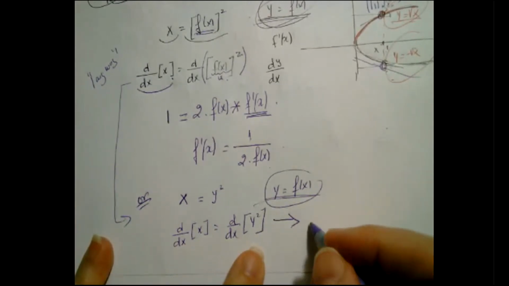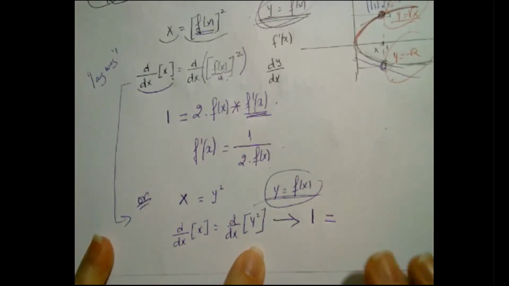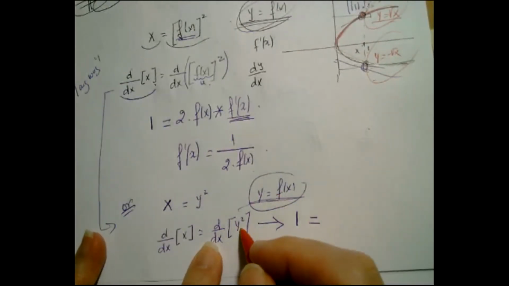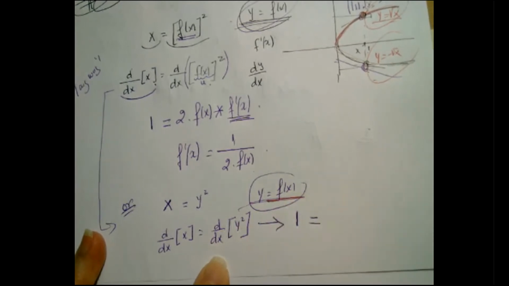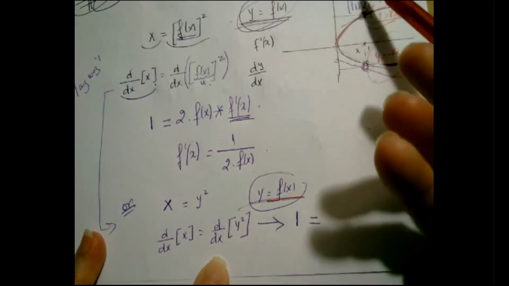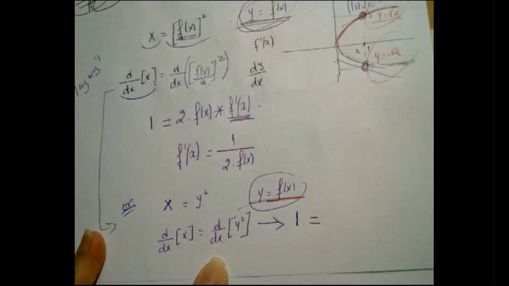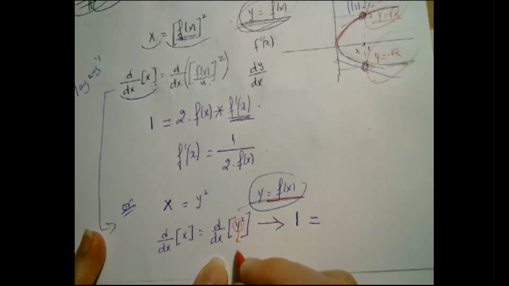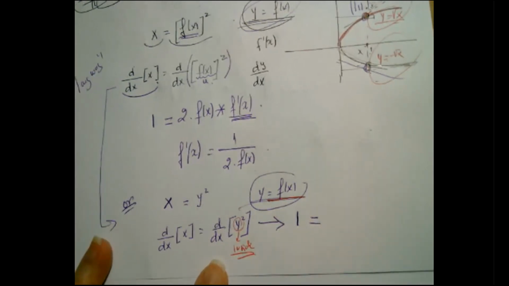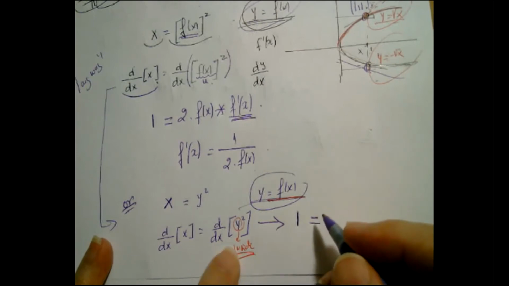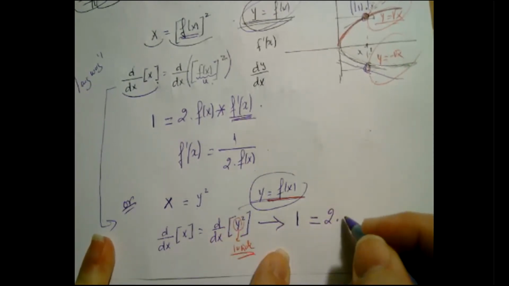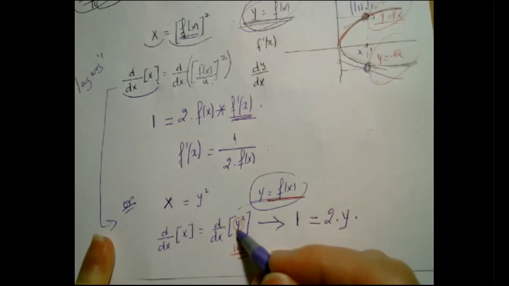The derivative of x is 1, equal. Now what's the derivative of y squared? Remember, it's not a y here. This is a function of x that sometimes I know, like in this problem, most of the time I wouldn't know. So this y, for me now, is my inside. This is my f of x. So the derivative is going to be the derivative of the u squared, which is 2, evaluated at y, times the derivative of y.